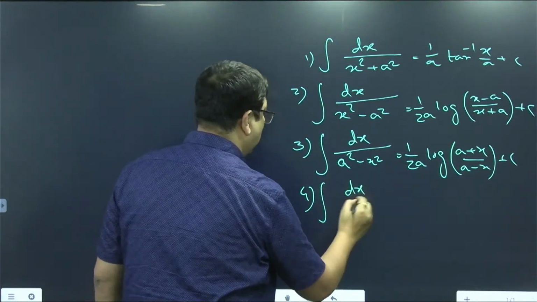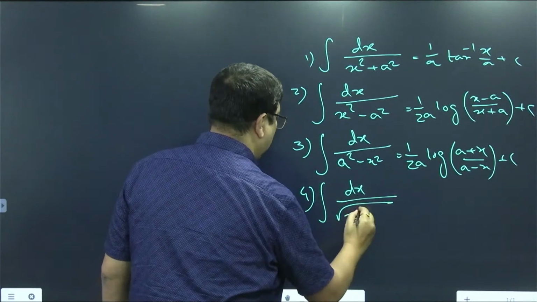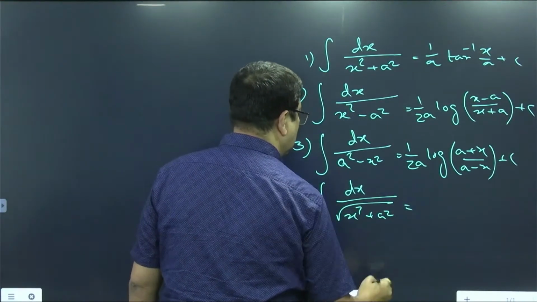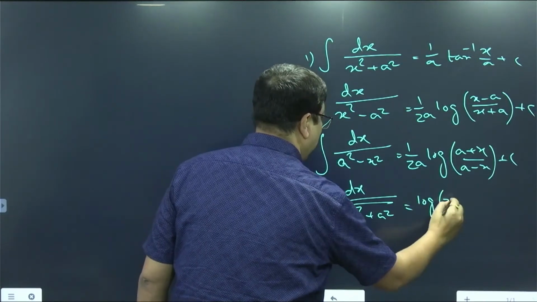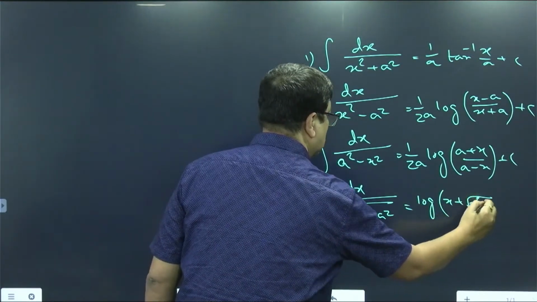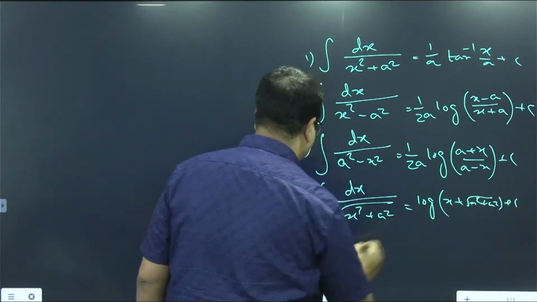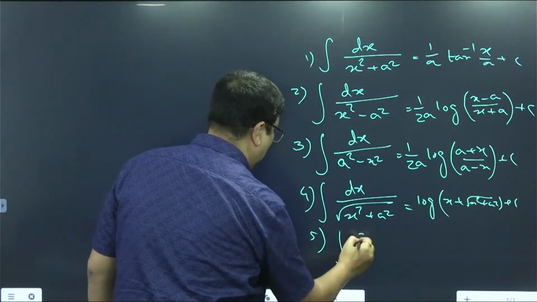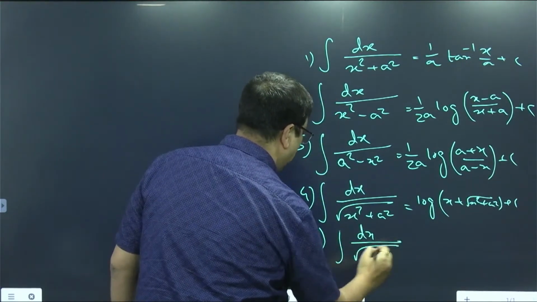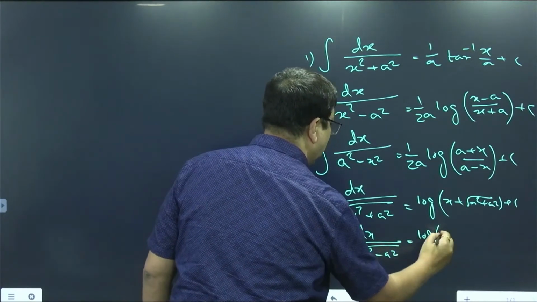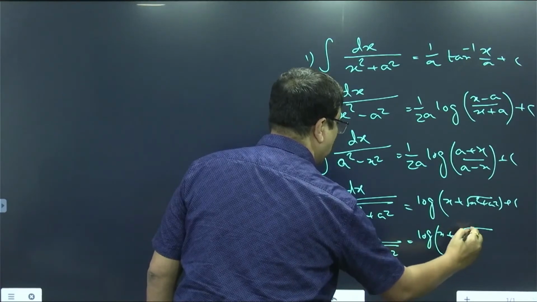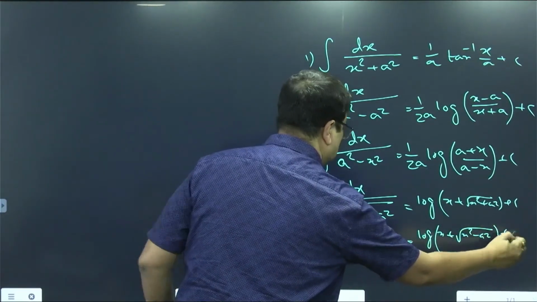Next, dx by root over x square plus a square, this is coming to be log of, actually ln, x plus root over x square plus a square plus c. Next formula, dx by root over x square minus a square, that is log of x plus root over x square minus a square plus c.